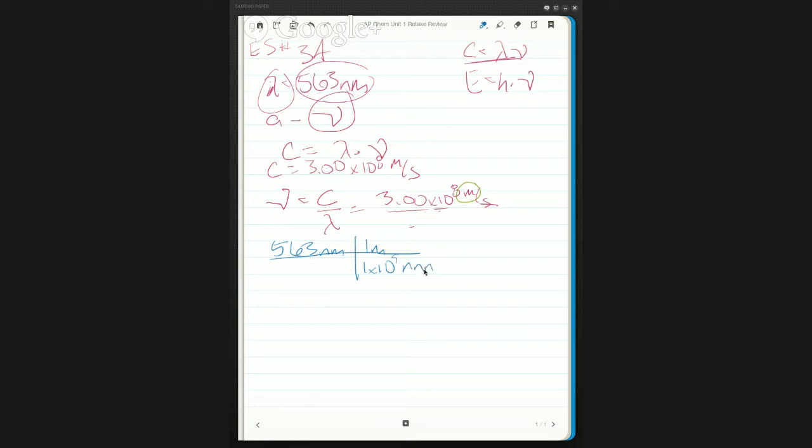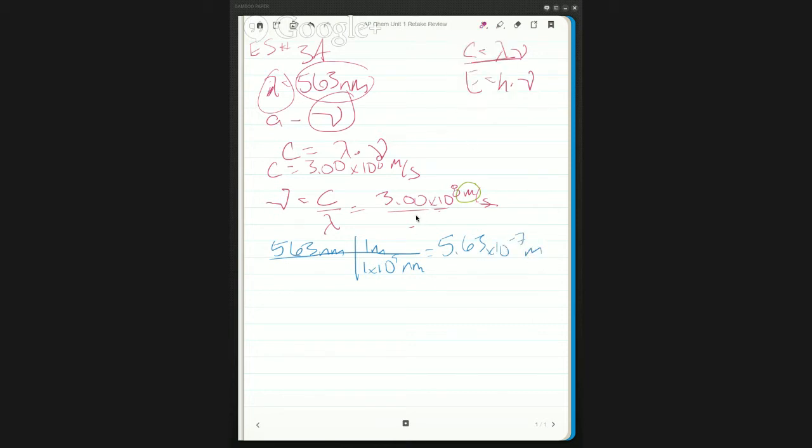Nano is 9 usually, as far as a prefix. And that's 1 billion nanometers in 1 meter. So when we do this math, we end up with 5.63 times 10 to the negative 7th meters.